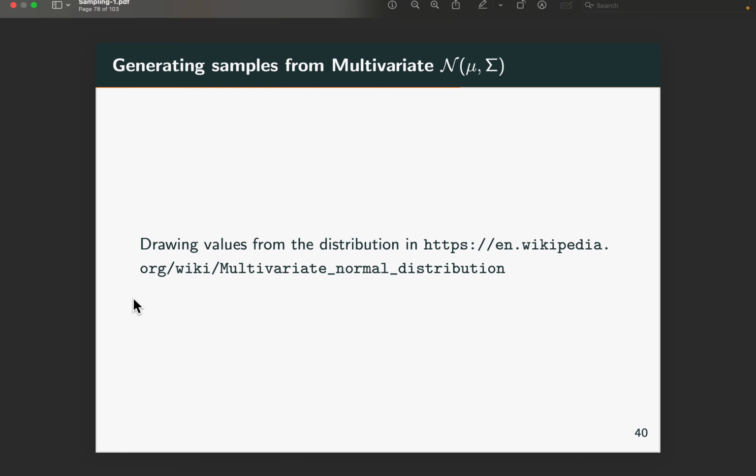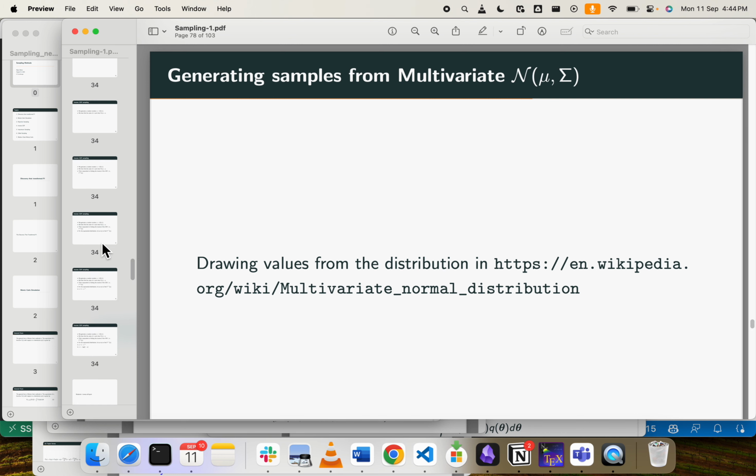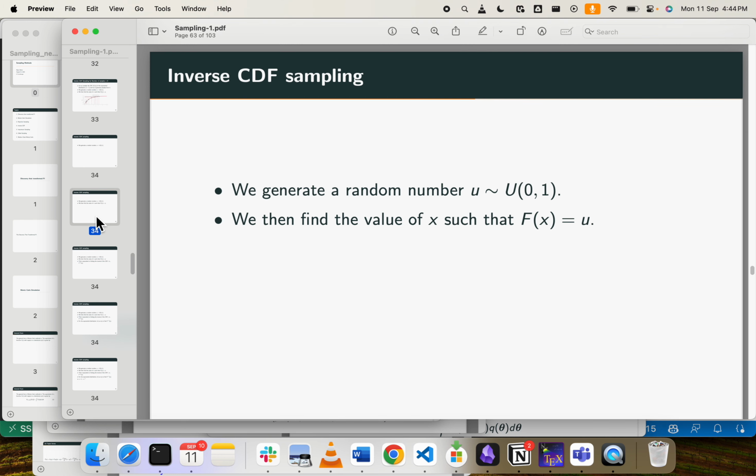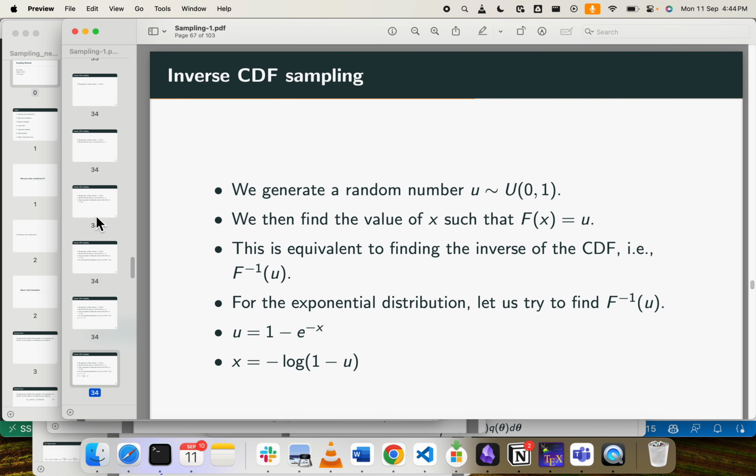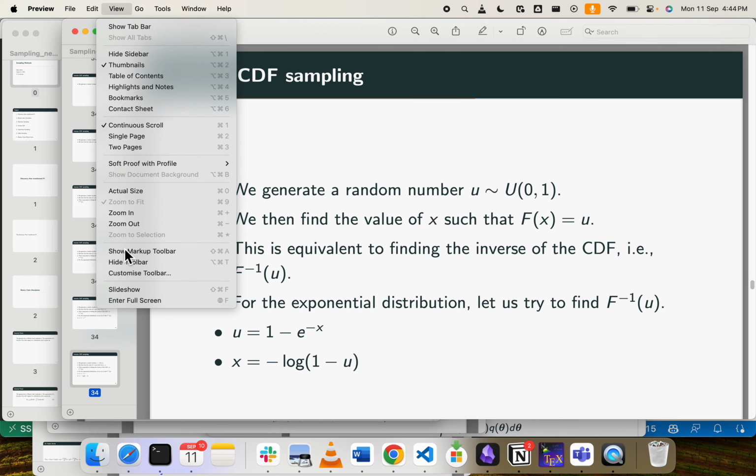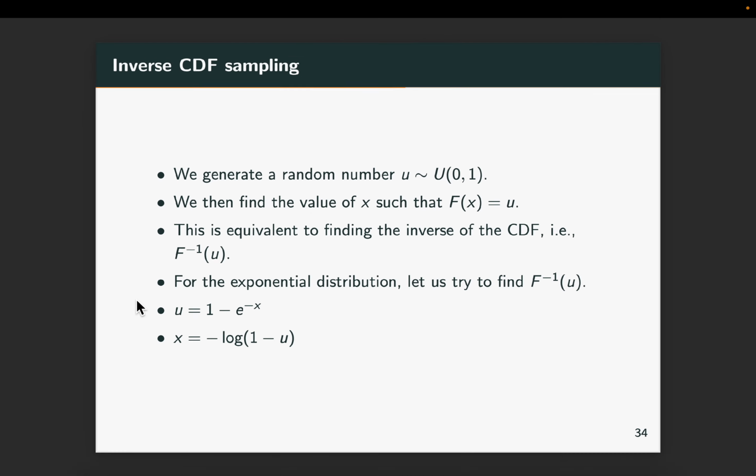In fact, I think I forgot to show those specific slides. Right, I forgot to show this. So for the exponential distribution, when we're trying to compute samples by the inverse CDF method, we generate a random number u from uniform 0 to 1, and we are saying that u is equal to 1 minus e to the power minus x.